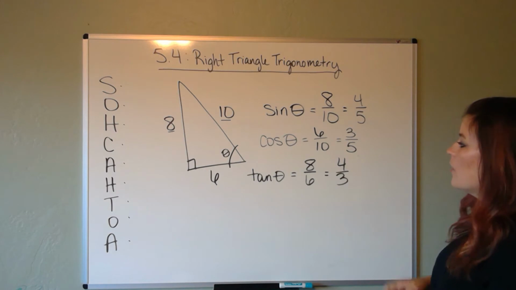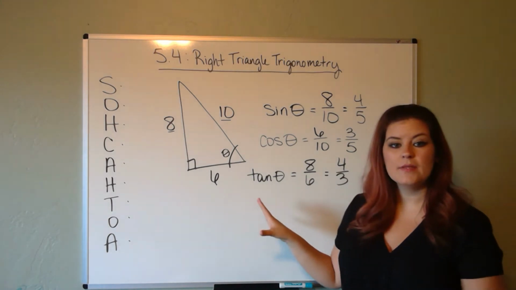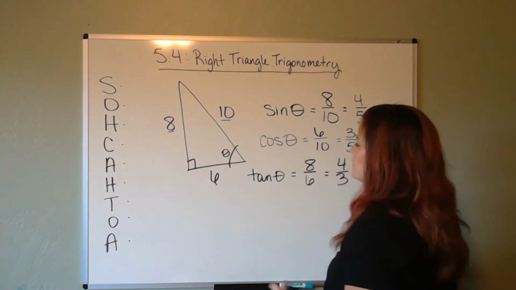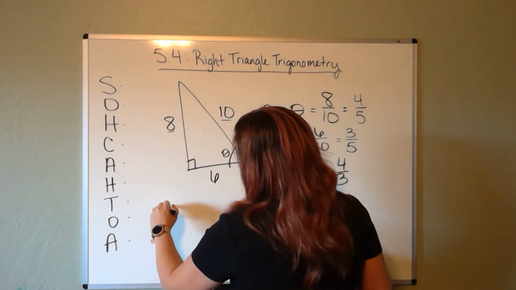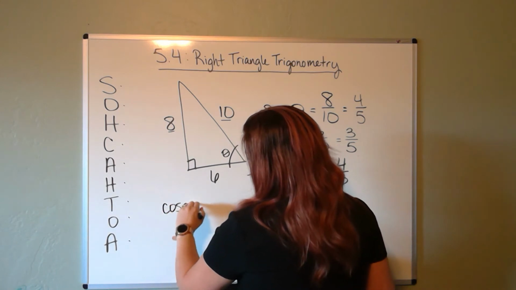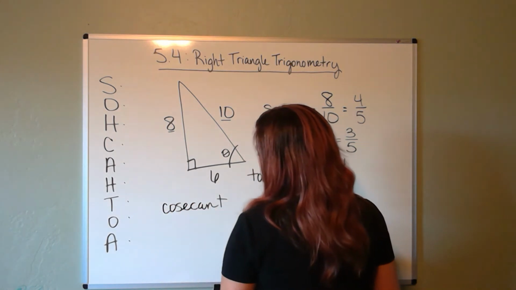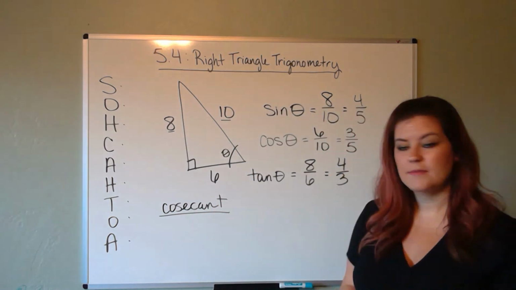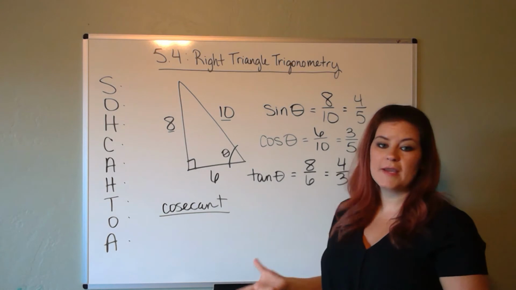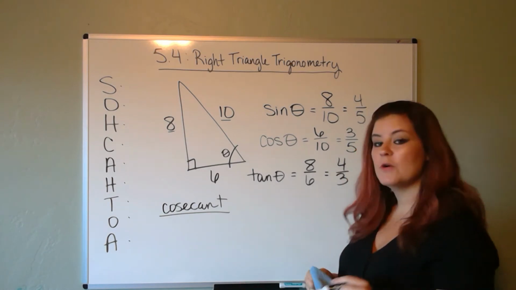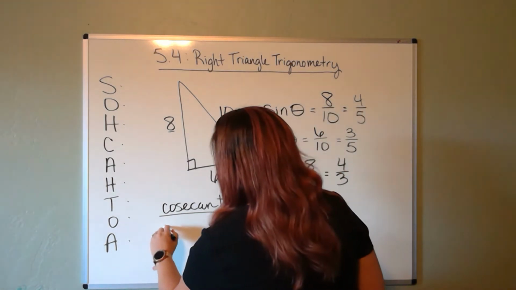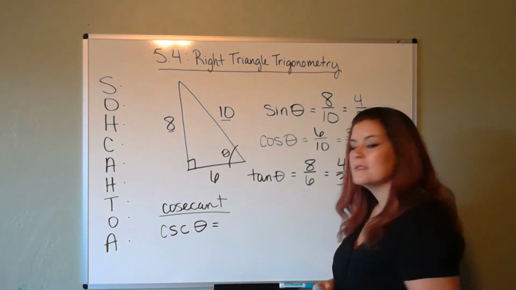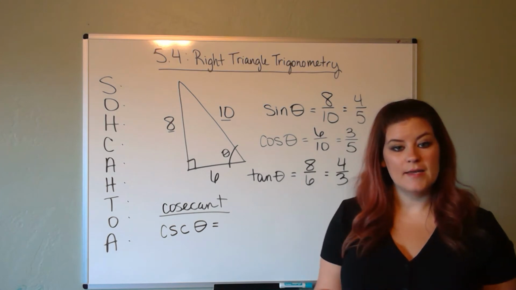All right, so while I'm on this specific example, let me talk to you about the other 3 trig functions that we use. The next on the list is cosecant. It's one that you might not have heard of, but the cosecant, abbreviated CSC of theta, is the reciprocal of sine.